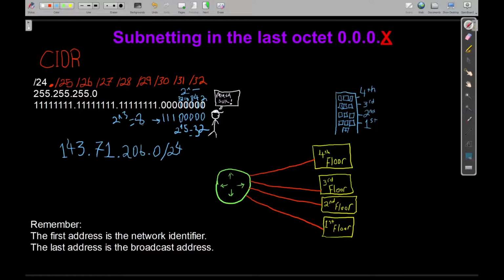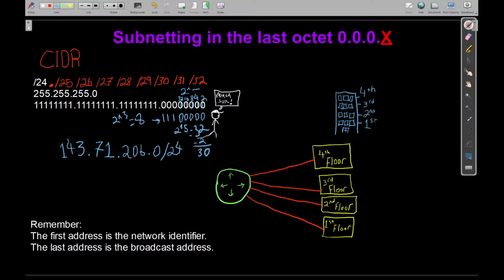So we have an option for 8 networks, each with 32 different IP addresses. But if you remember, the first address is the network identifier, and the last address is the broadcast address. So we'll take those off, minus 2, and we get 8 networks with 30 usable IP addresses.